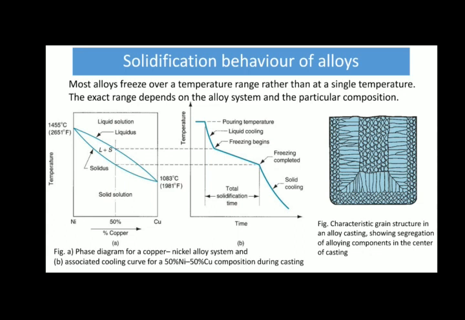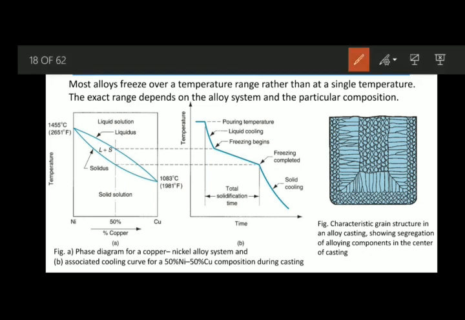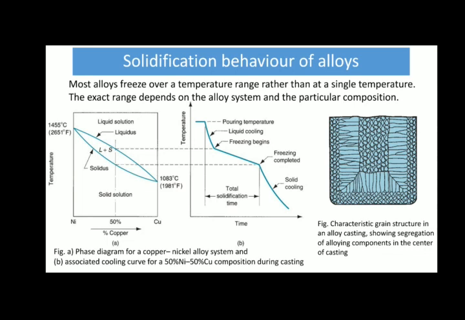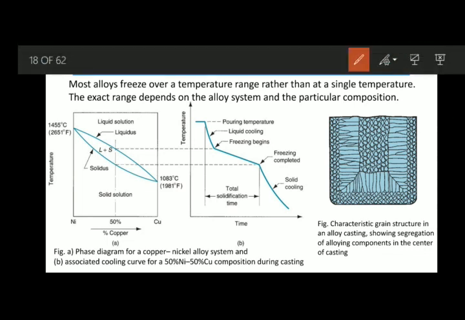So it doesn't undergo solidification at a single temperature, but rather it undergoes the transformation over a range of temperature. This is the temperature range. That means freezing begins here, and over this temperature range it continues, and it ends here.